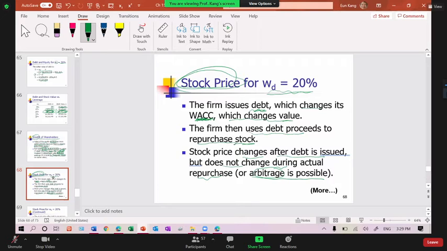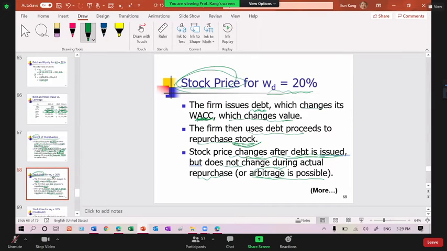Then the transaction: they repurchase stock using the new price. That means stock price changes after that is issued, but more precisely after they announced the plan, okay?